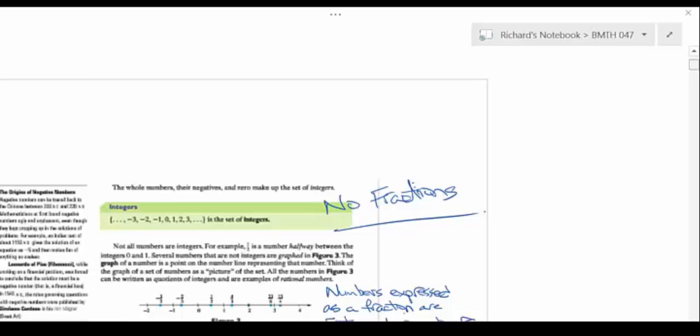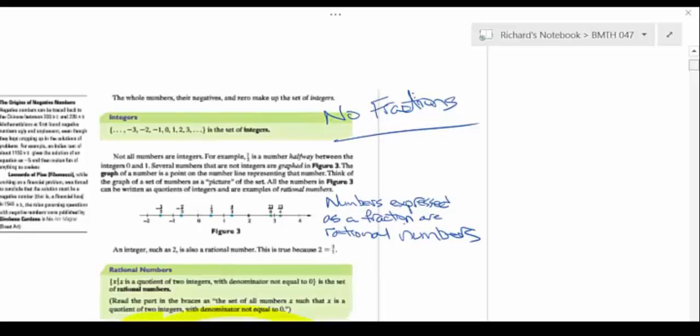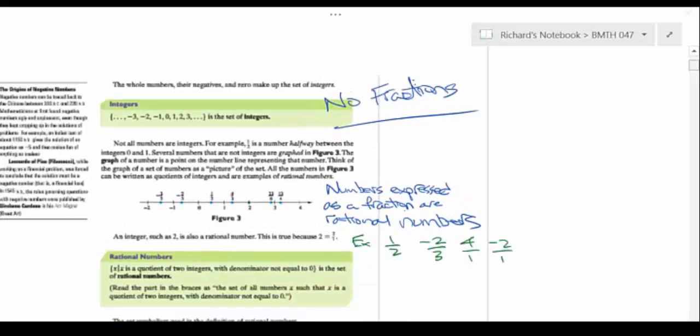Numbers that can be expressed as a fraction we call rational numbers. Rational numbers are numbers that are a ratio between two numbers, like a fraction.